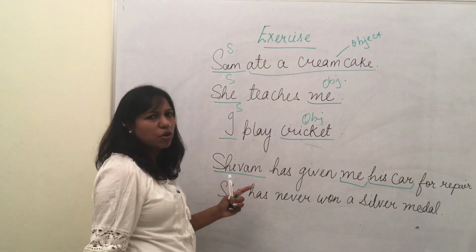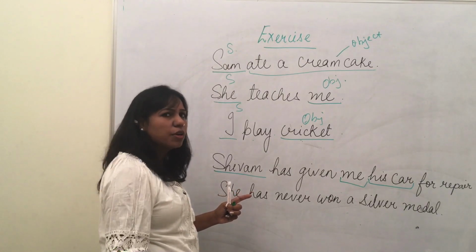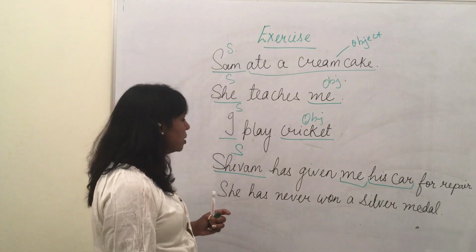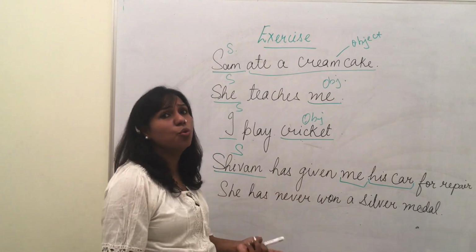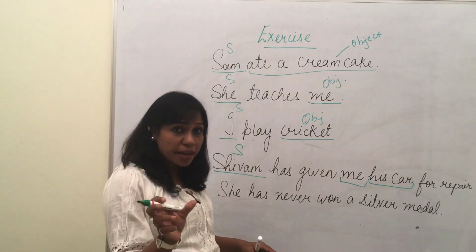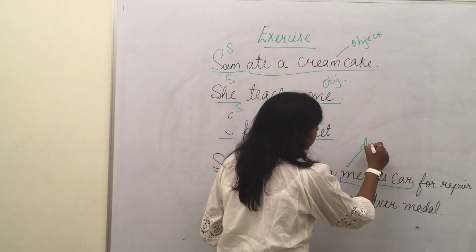Now the first question we are asking is, who has given that for repair? Shivam has given. So automatically it becomes the subject of that sentence. Now here, has given me. Whom has he given? So the answer is coming, me. The direct answer is me.